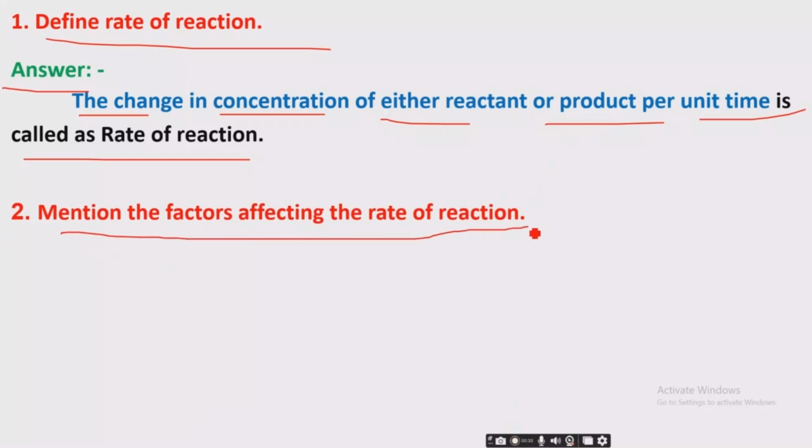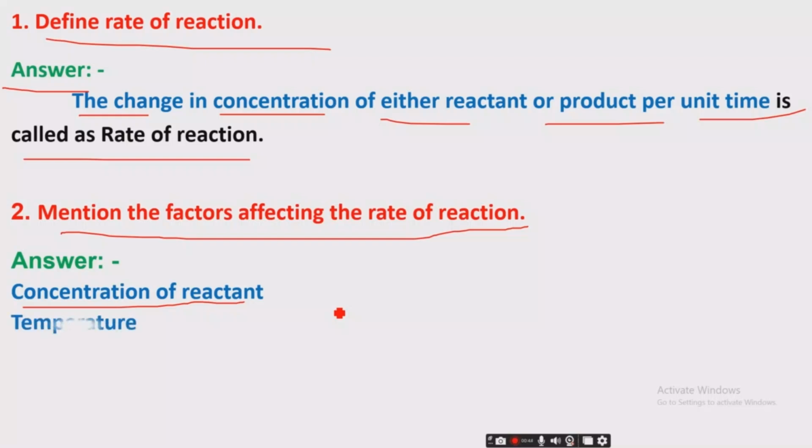There are several factors that affect the rate of reaction, and here is the answer. The first point is concentration of the reactant. As concentration of the reactant increases, the rate of reaction also increases. Second point is temperature. As temperature of the reaction increases, the rate of reaction for many reactions increases. For every 10 degree rise in temperature, the rate of reaction doubles or triples. We know that from the Arrhenius equation.